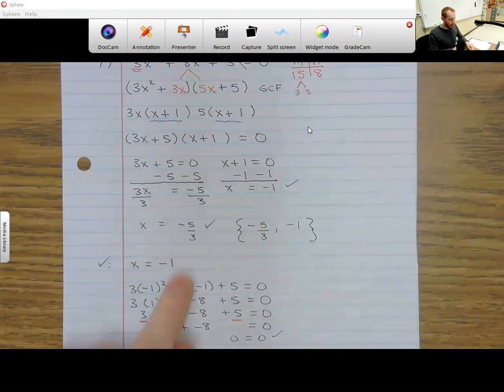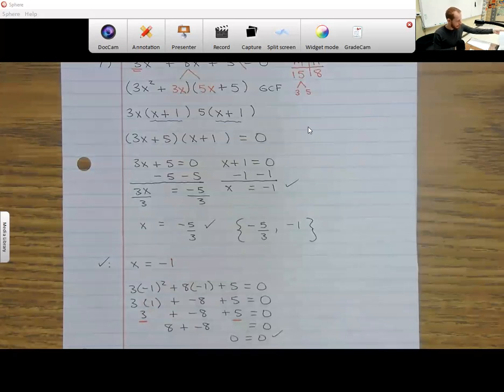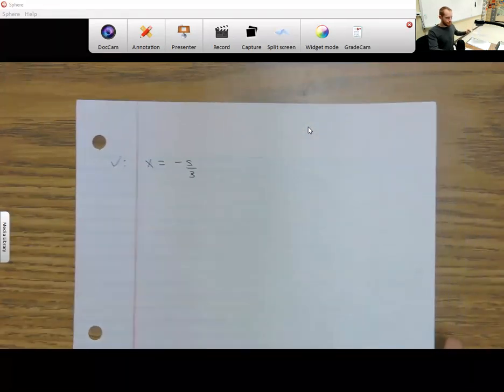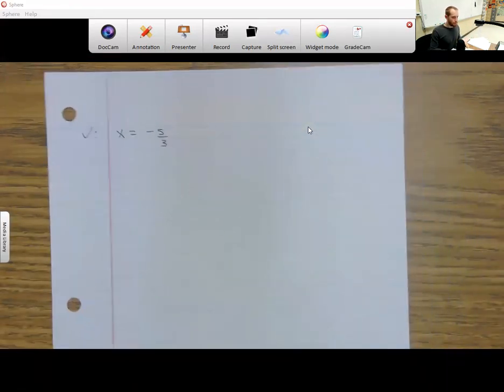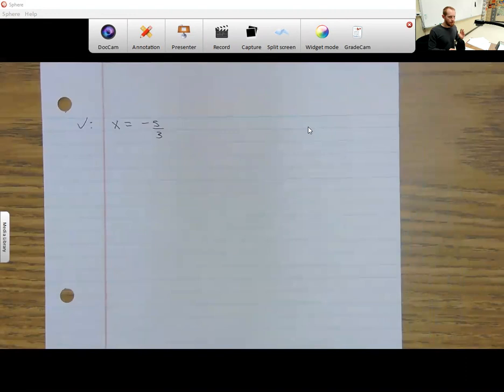Now let's check the fraction. This one is a little bit more difficult, but I'll show you how it works. So let's go ahead and check x equals -5/3. Okay, so for this one, I have to put in -5/3 for x, everywhere I see an x.